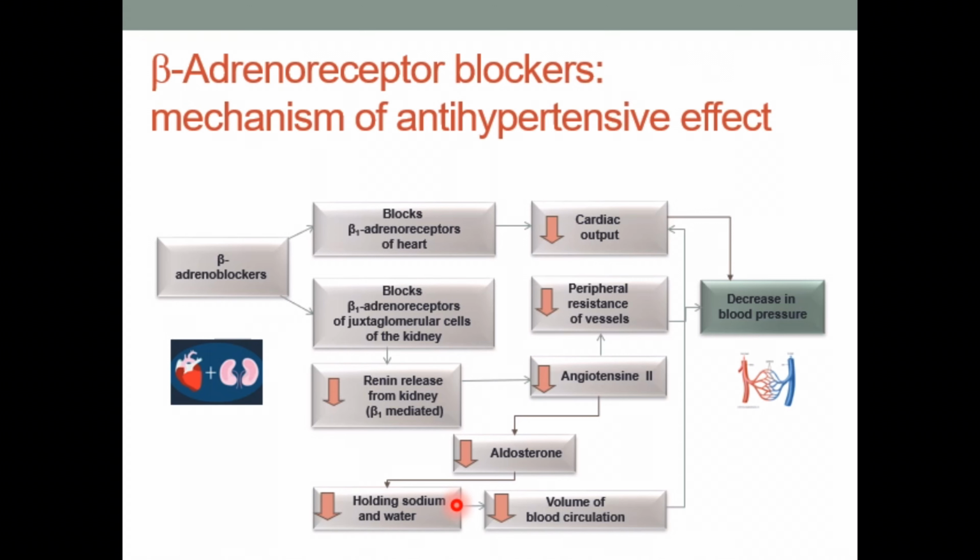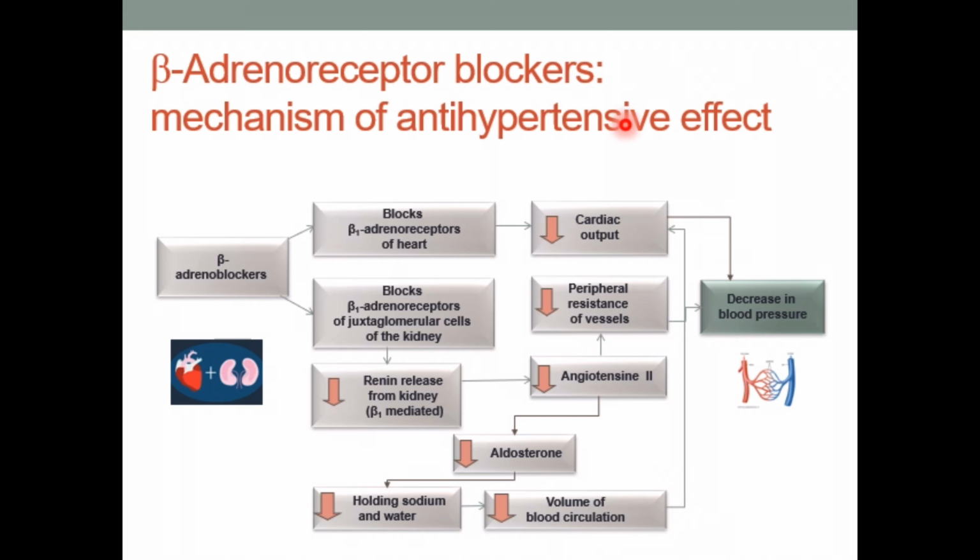So if you block the aldosterone secretion, the sodium and water is not retained, so it will be let out and increase urine output. Therefore, this would reduce the volume of the blood because you lose water. So when there's a reduction in the volume of the blood, it will reduce the BP.